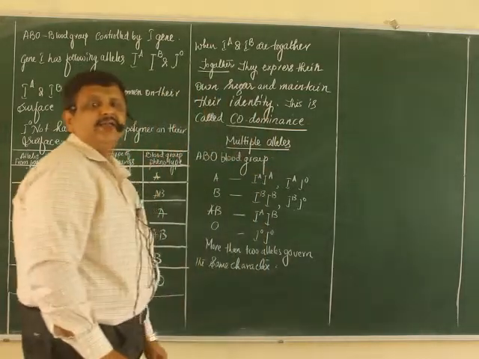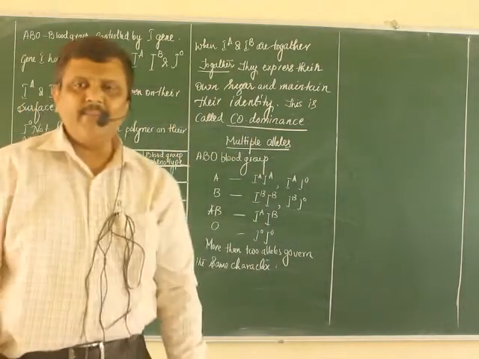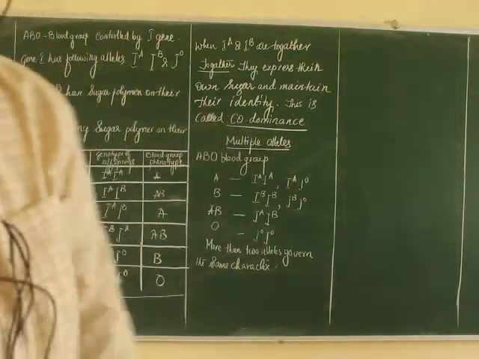If more than two alleles govern or control the same character, it is called multiple allelism.